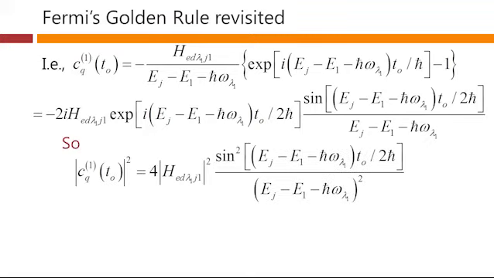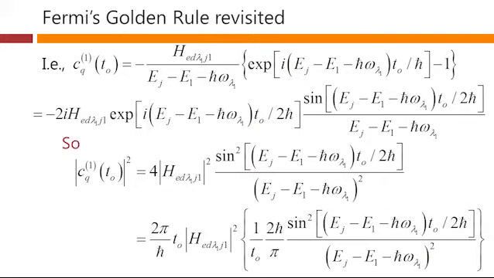So, taking the modulus squared of this to find the probability now that we find the system in the state Q at time t0, we get this expression, just the modulus squared of that expression. And we can rewrite that slightly if we like. We can take out a factor t0 out the front, and we can put that on the bottom line here.